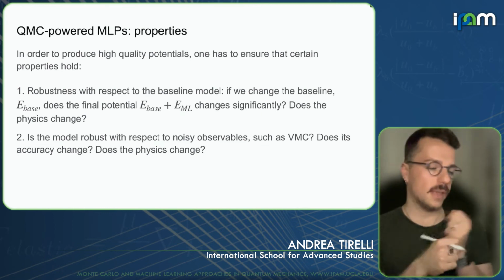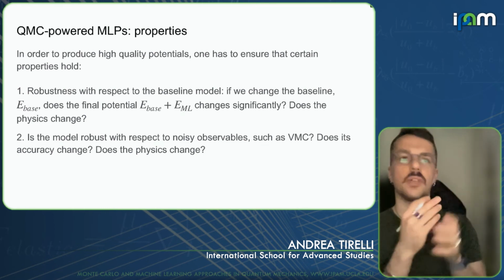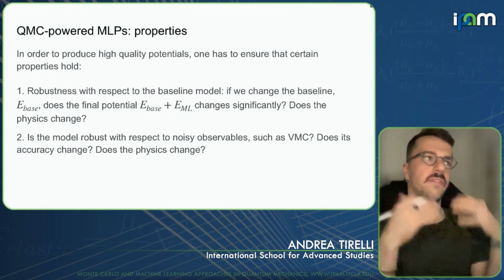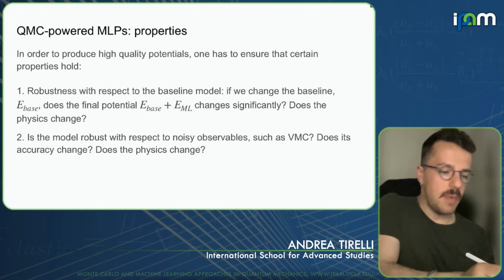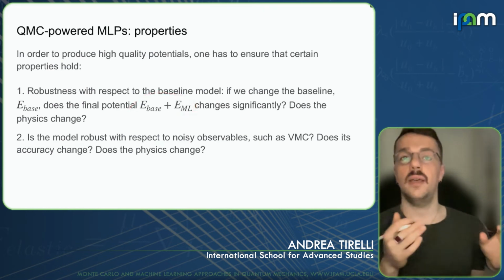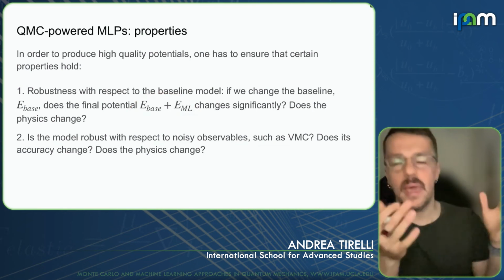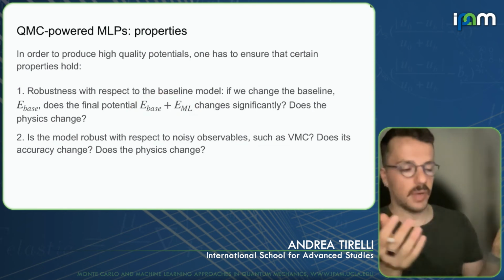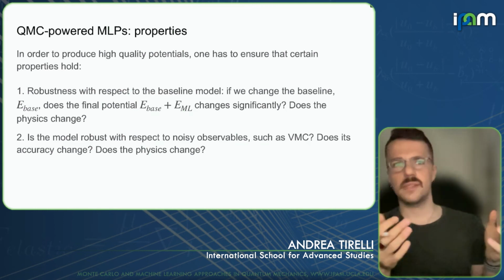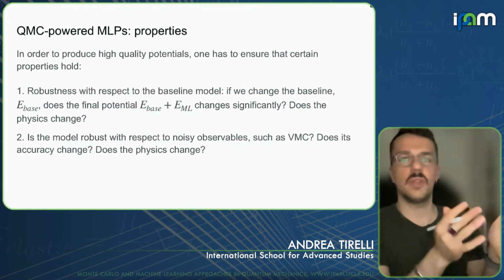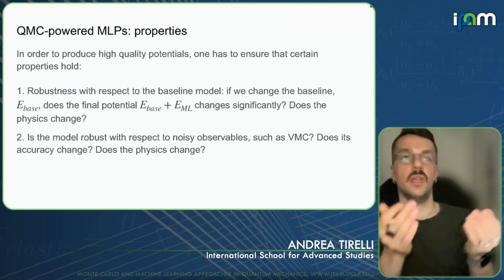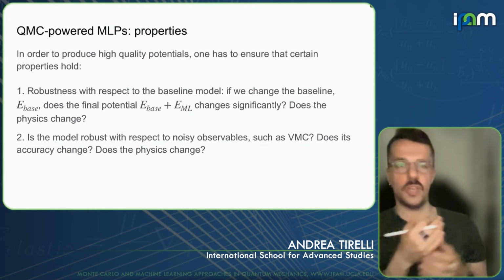So first of all, since we are using the delta machine learning approach, we have to ask ourselves, is the final model, so this E-base plus EML, dependent on what the E-base ab initio method, or the E-base model, which in our case is an ab initio method, is? Because of course we don't want the model, and more importantly the physics, to change as the baseline model changes.